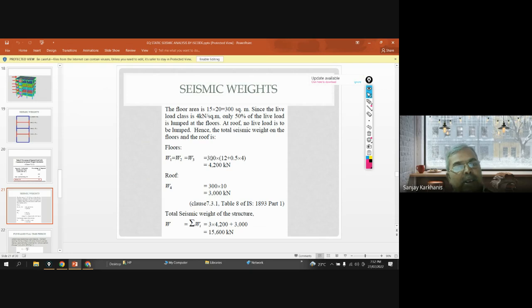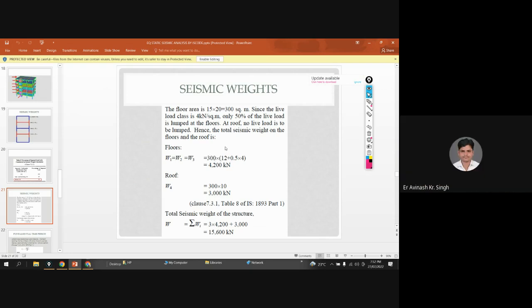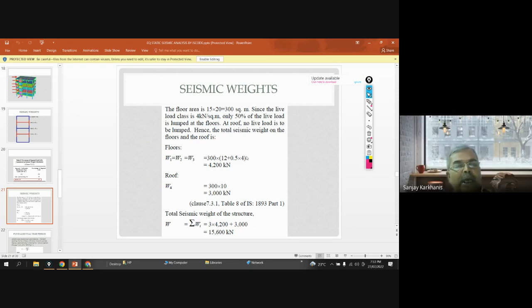So 300 is the area, 12 is the dead load intensity, and 4 is the live load intensity multiplied by 0.5. So total intensity will be 12 plus 2, 14 multiplied by 300 will come out to be 4,200.